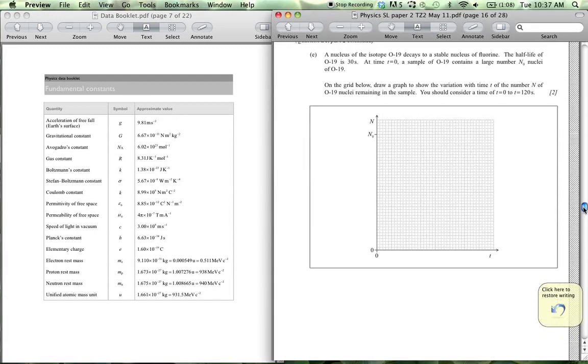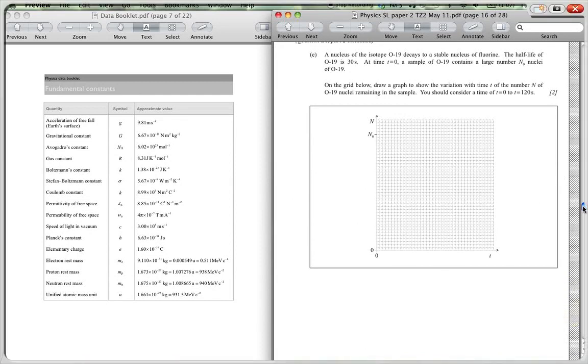Alright, going over the page here, it says a nucleus of isotope O19 decays to a stable nucleus of fluorine. The half-life of O19 is 30 seconds. At time t is equal to 0, the sample of O19 contains a large number N0 nuclei of O19.